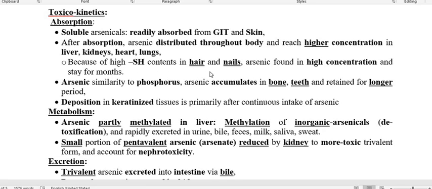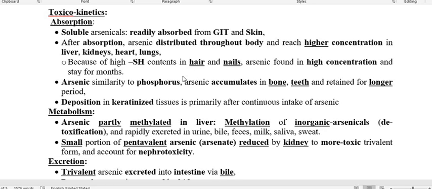The hair and nails possess a higher concentration of thiol groups, SH groups, and therefore the trivalent form particularly binds there, and its high concentration is found in these two parts of the body, the hair and nails.